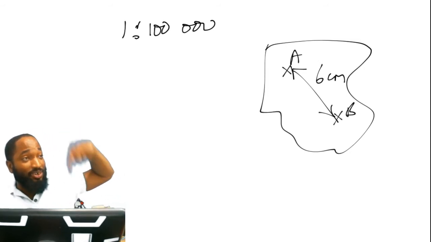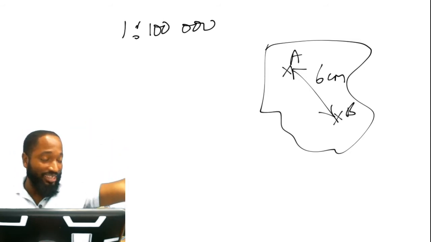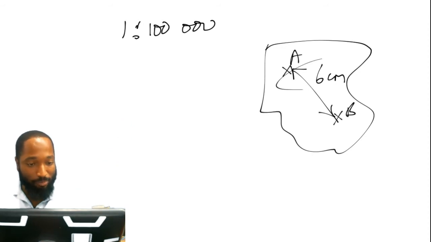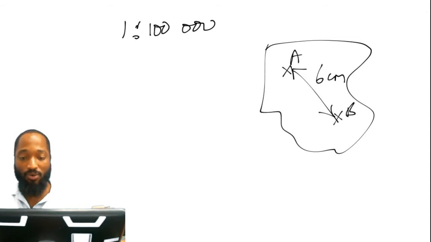If you have to literally walk from tongue A to tongue B in reality, not on a map with a finger, you will be doing 6 centimeters times 100,000. You will have to actually walk 600,000 centimeters.